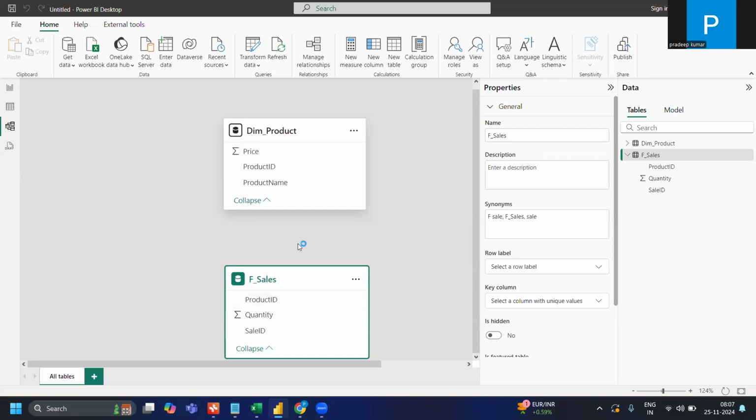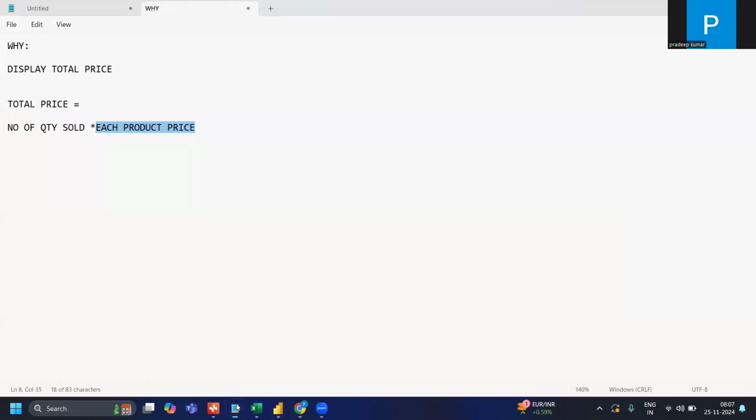But there is another condition also. We have no relationship between the tables, and we also need to extract required values from another table.